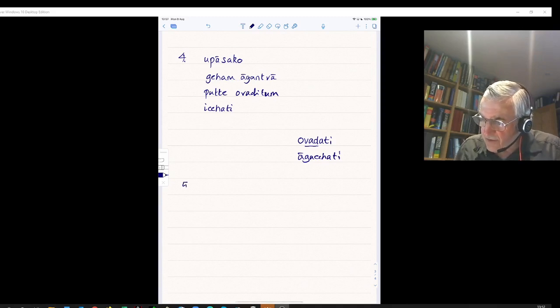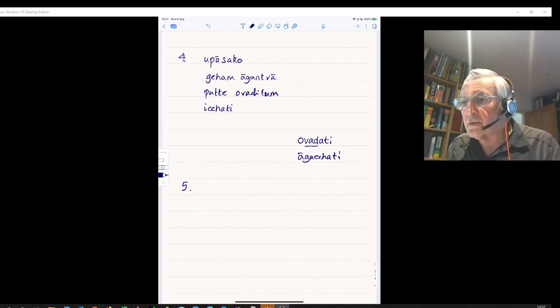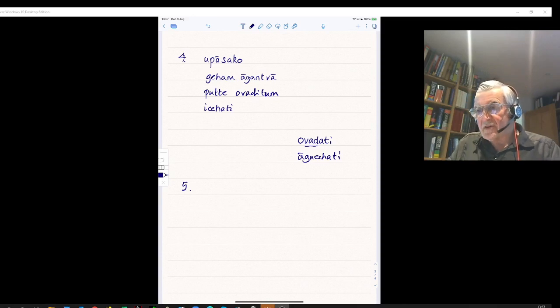Now, sentence 5. The deity wishes to go to the monastery and speak to the Buddha. So here again, we have the distinct sequence. He's got to get to the monastery first before he speaks to the Buddha. So wishes is an ordinary finite verb, ichati.